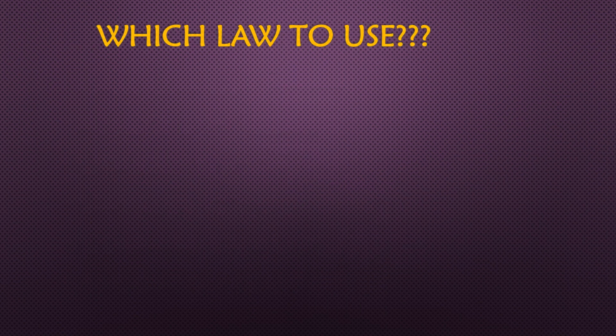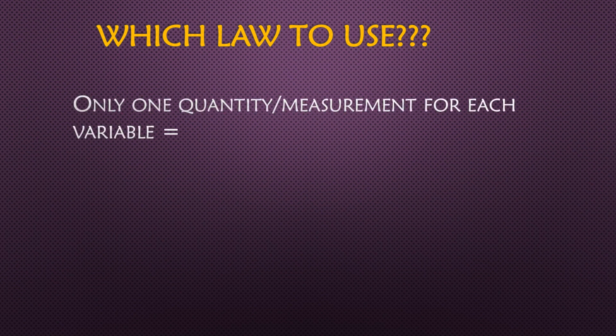So when we are given a question related to gases, the first thing that we want to figure out is which gas law we are going to use. To do that, we want to look at the quantities or the variables that are given. So if, let's say, we are only given one quantity or one measurement for each variable, which means you only see one number for pressure, one number for volume, one number for temperature, and so on, then that identifies that you're going to use the ideal gas law, because the ideal gas law is the only law out of the six laws that we discussed that has only one quantity for each variable.